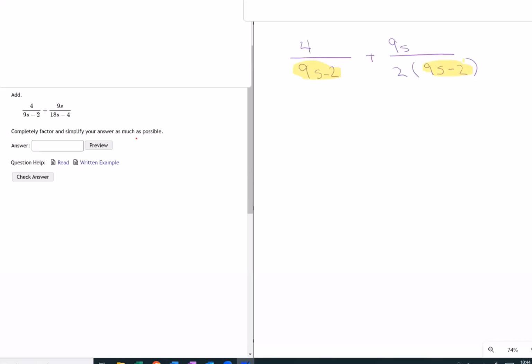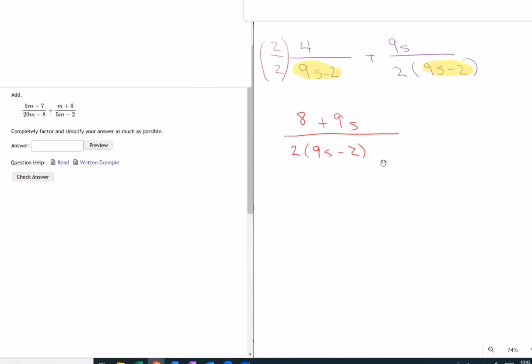All I really have to do is multiply this by 2 over 2, because now they're exactly the same. This becomes 8 divided by 2 times 9s minus 2 plus 9s. That's it. I didn't do anything to the second fraction. Factor completely, simplify as much as possible. That's it.